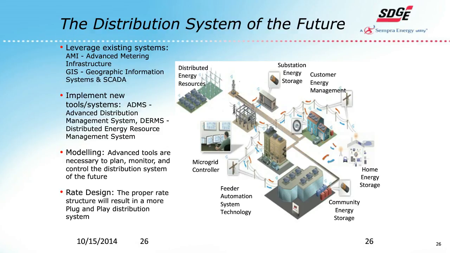Implementing new tools and systems. Lots of people have heard about ADMSs. We have deployed one in ours, Advanced Distribution Management System, which gives us visibility, gives us three-phase unbalanced load flow models, gives us preferred switching plans, and gives us FLISR, or basically automated switching capabilities, things that historically we did not use because the systems were unavailable and the operators' unfamiliarity with these automated systems.